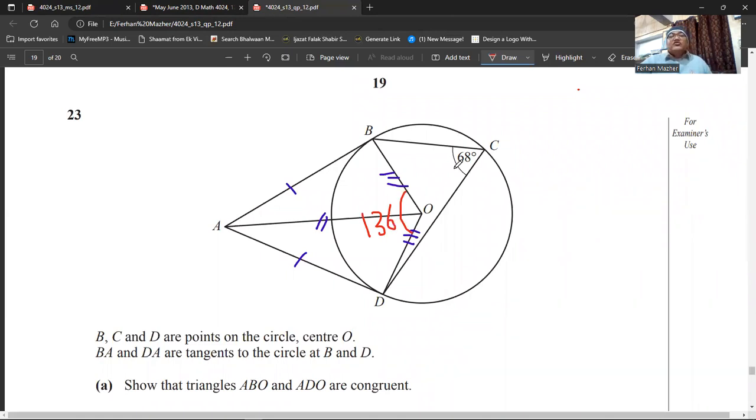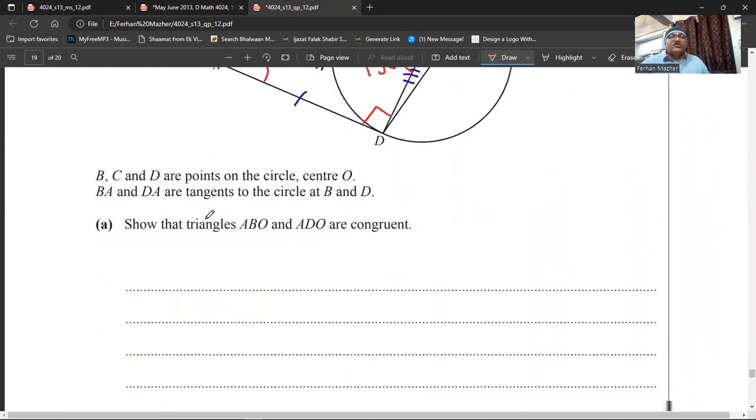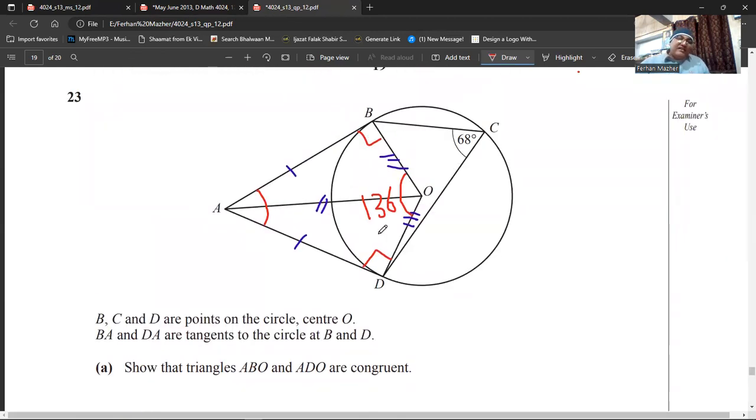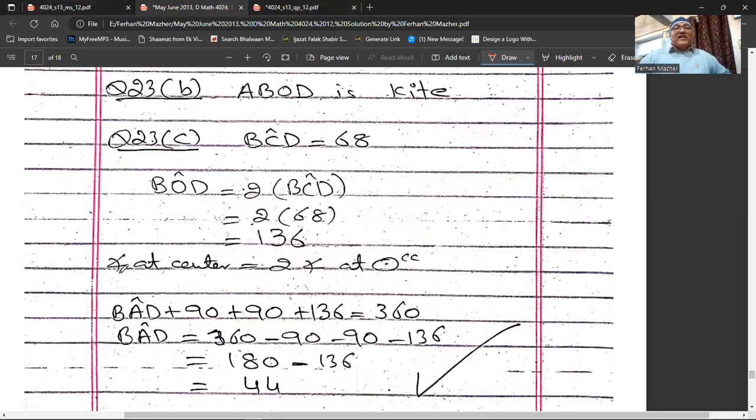The angle at the center is 2 times the angle at the circumference. This angle is 90, because the radius and the tangent are perpendicular to each other at the point of tangency. And this angle is the one in the question, BAD. Now the sum of this 90, 136, 90, and this unknown angle BAD will be 360, and from there you can find it very easily.